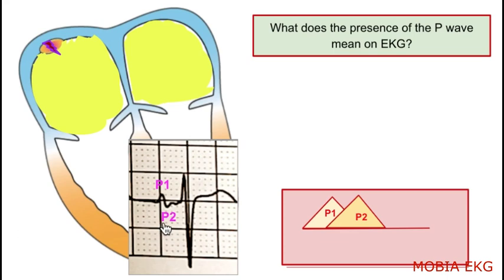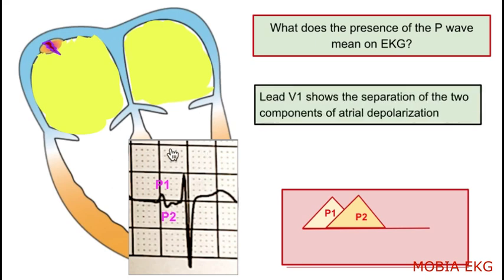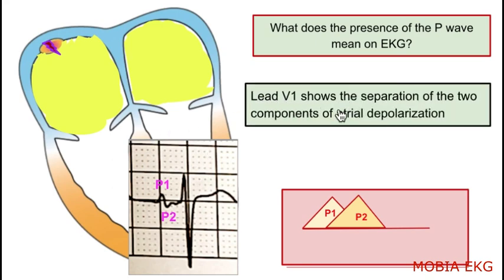Both components of the P wave can be seen in lead V1 because of the unique anatomic location of V1. If you look at the P wave in lead 2, these two can be overlapped with each other.